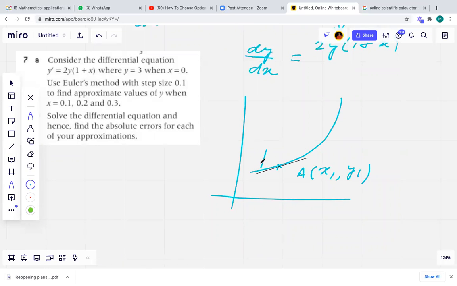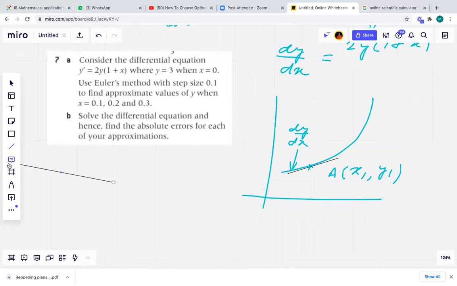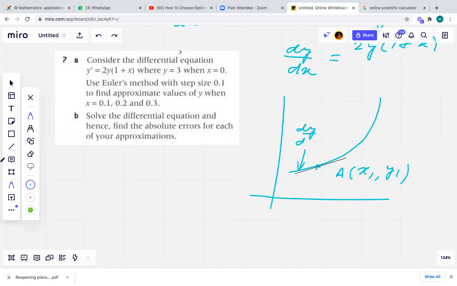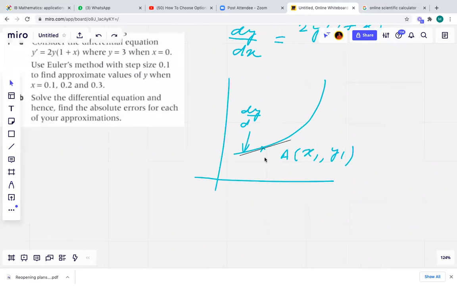Now what I will do is, I know my dy by dx, that's the gradient of the tangent.